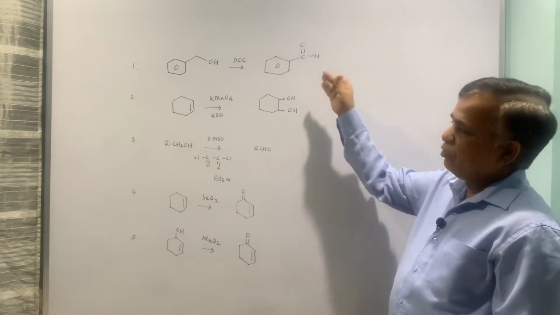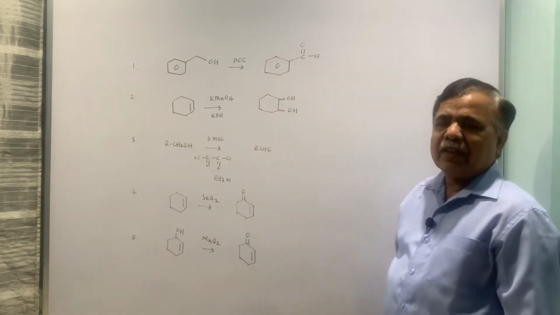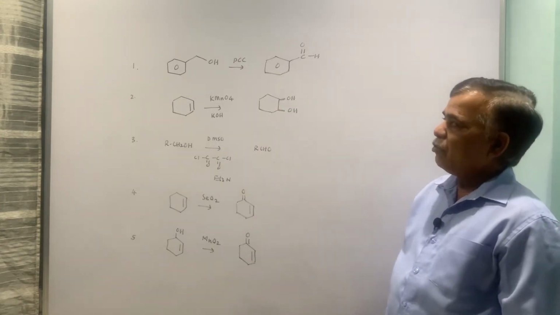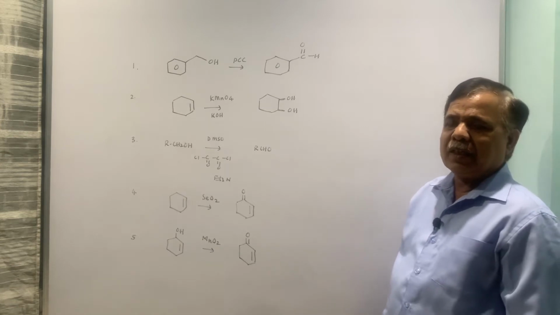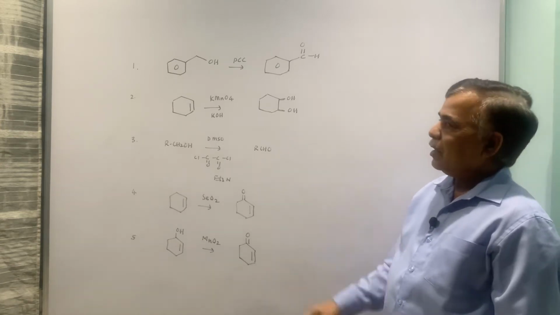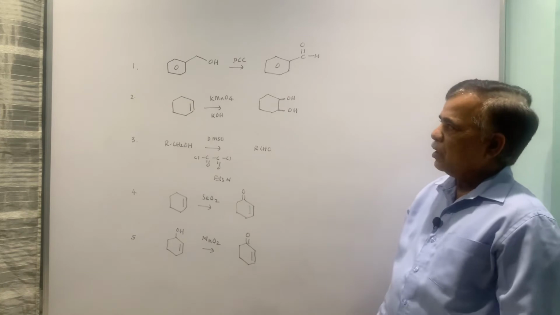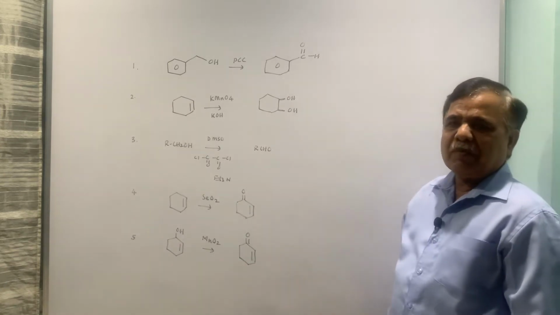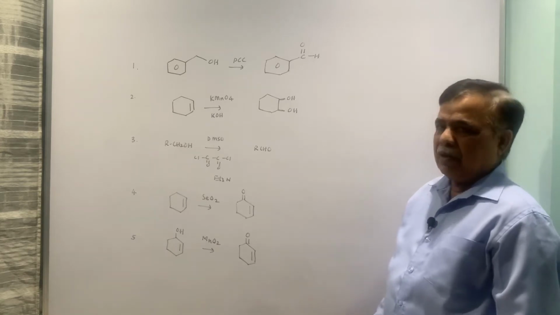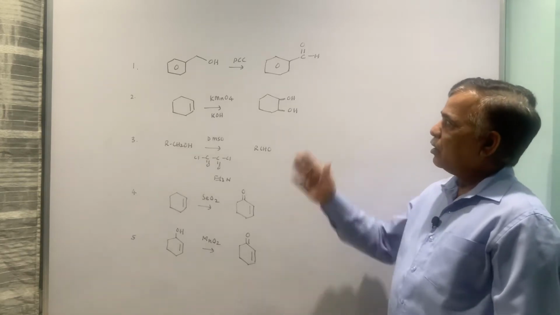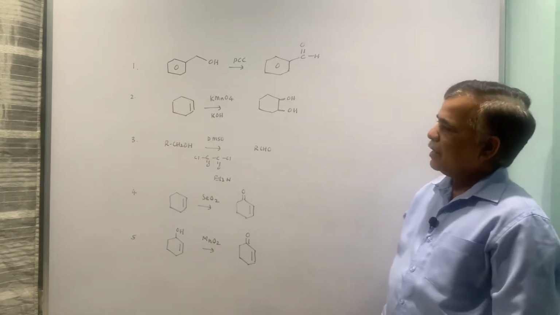So we have to keep in mind that these are derived, specific reagents, and they have some synthetic utility in that they are selective and there is no further oxidation. If we use chromium trioxide in presence of H2SO4 and water, the reaction will go up to acid.